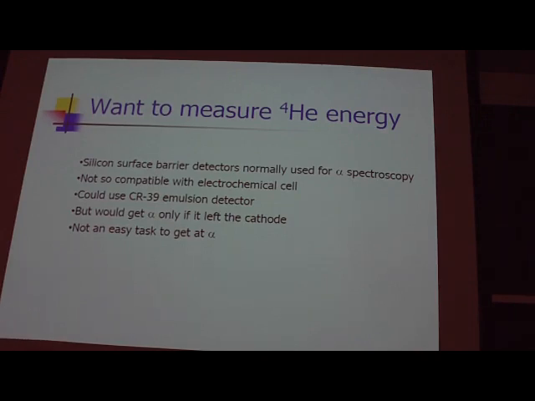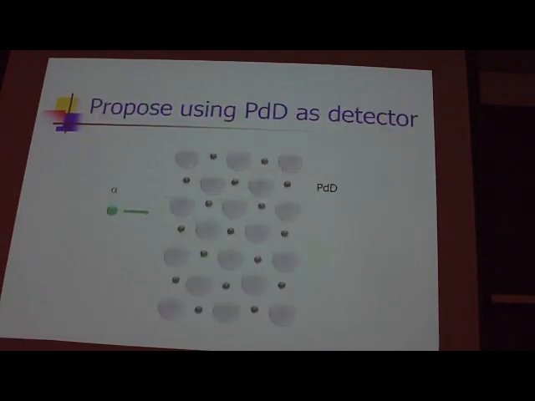So what we need is some new kind of idea as to how to do this detection. Now, my thought on this was to have the palladium deuteride be the detector, with the alpha particles born in the palladium deuteride. Why not use the palladium deuteride for nuclear detection?